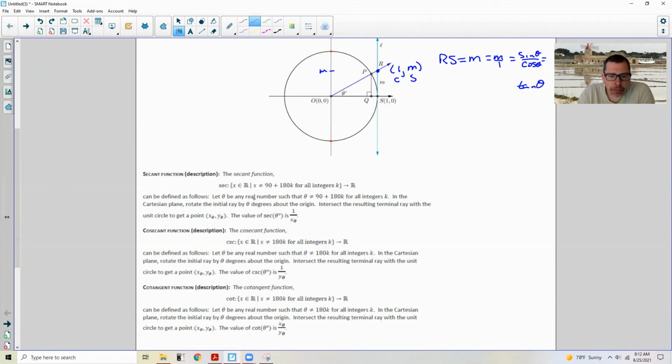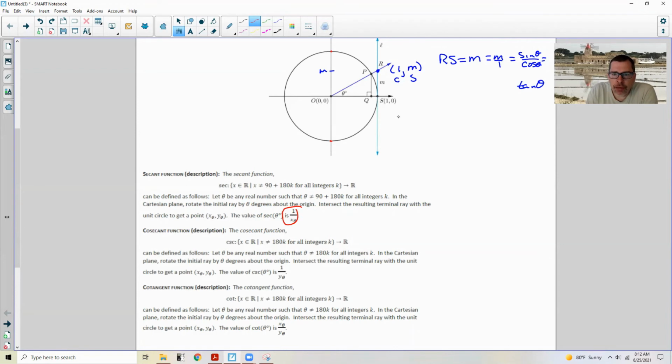So let theta be any real number such that theta does not equal 90 plus 180k for all integers k. In the Cartesian plane, rotate the initial ray by theta degrees about the origin. Intersect the resulting terminal ray with the unit circle to get a point x sub theta, y sub theta. The value of secant theta is 1 over x sub theta.